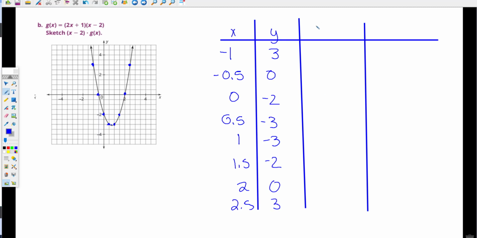What would my next column be? And so we're going to take this first column and subtract 2 from it.